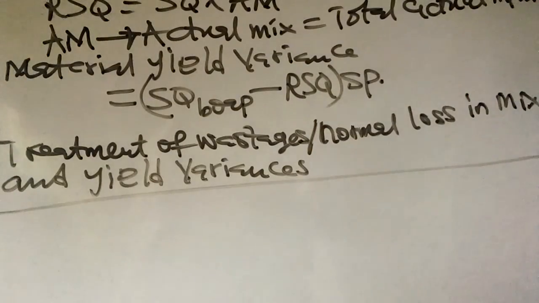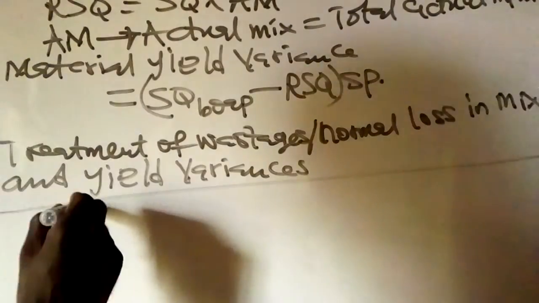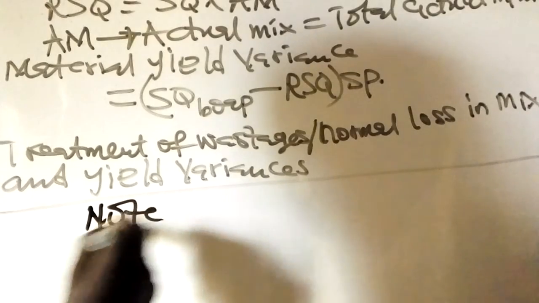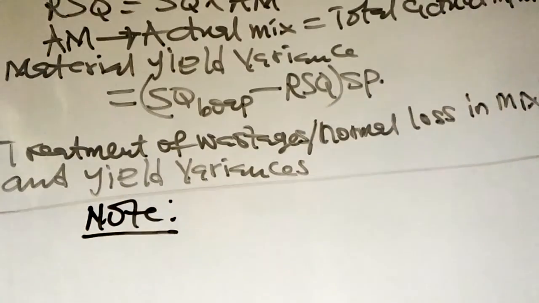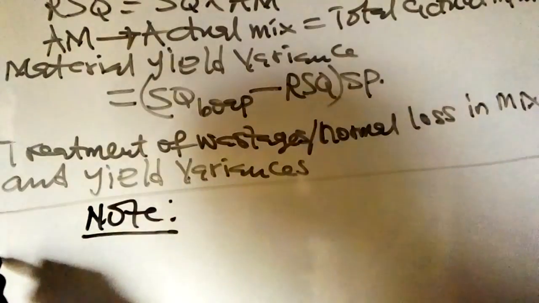Number 1, I want you to take note of the following. Note, anytime there are wastages or normal loss, material mix variance is not affected by the material wastages or normal loss.